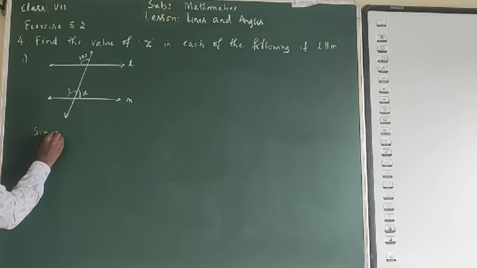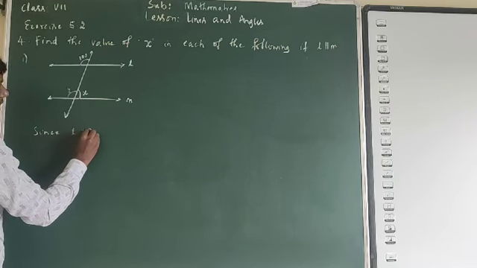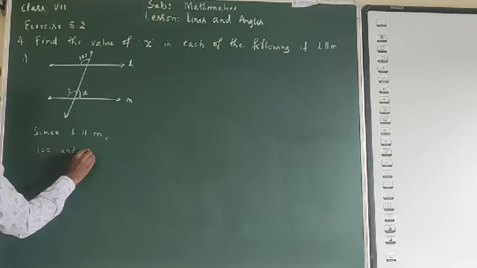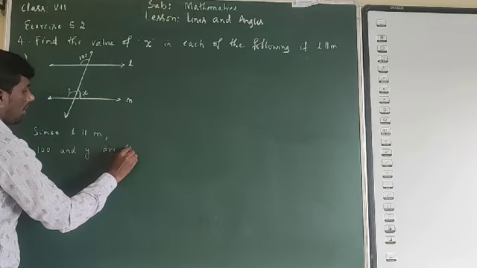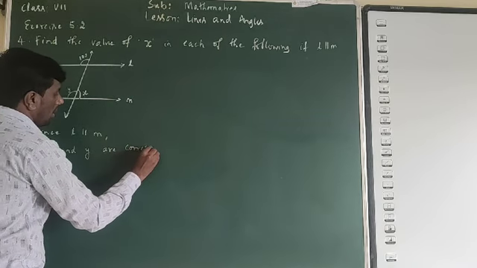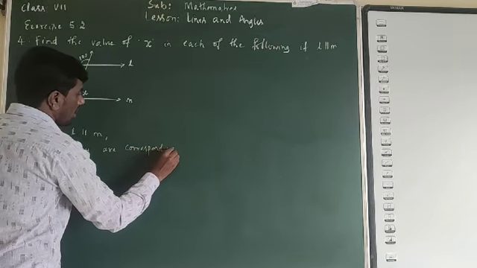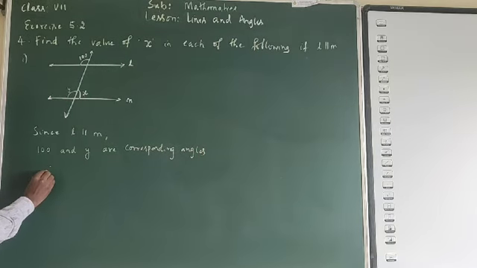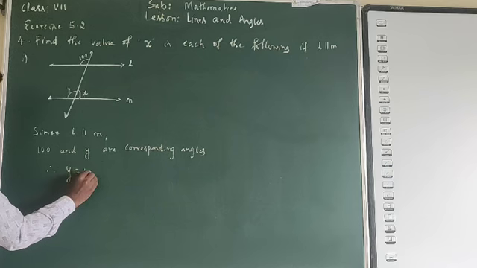So now we will write: since L is parallel to M, 100 and y are corresponding angles. Therefore, y is equal to 100.